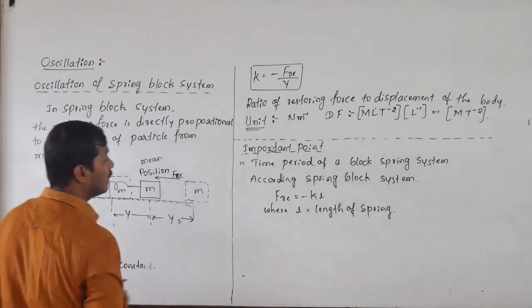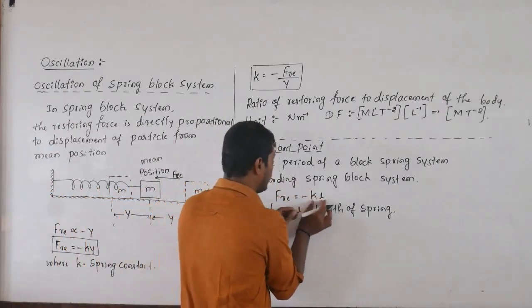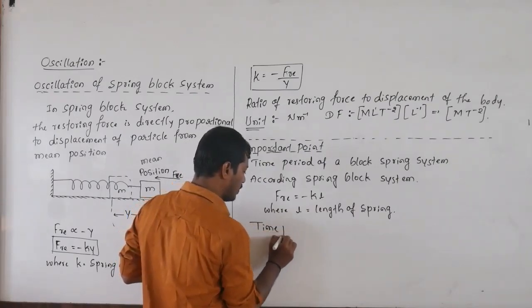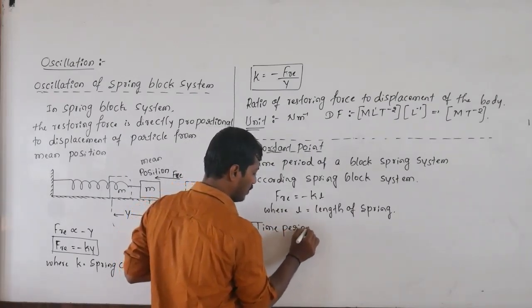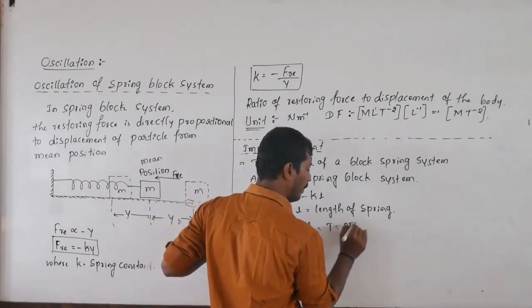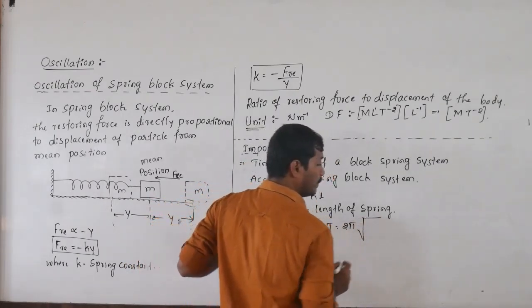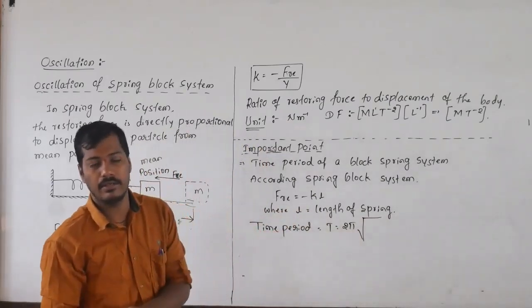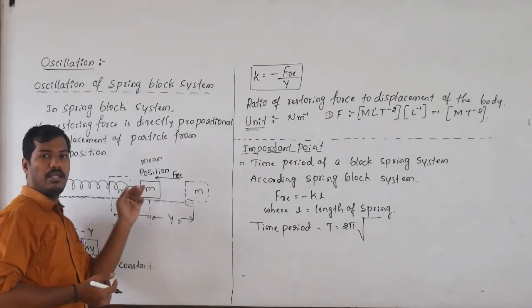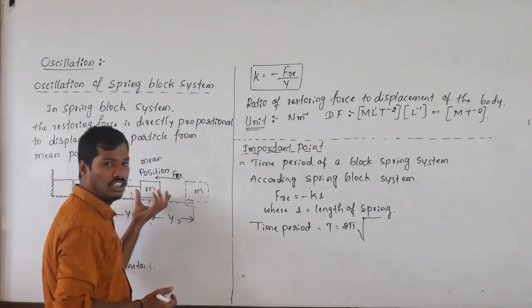Next, the time period is there, right? So it is like this. Then what about time period? The time period T is equal to 2 pi divided by the spring constant K, the spring factor, and the mass of the body M, which is called inertia.